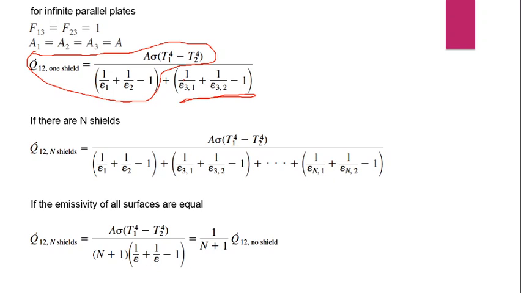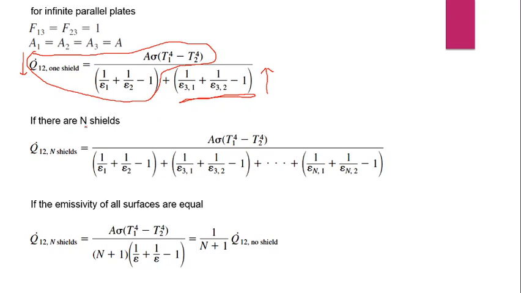Something is being added in the denominator. If you add something in the denominator, what will happen? Q will decrease, right? Because here the denominator is increasing. So it is obvious from the formula that heat transfer between 1 and 2 decreases if you add more shields, right? Right now we had only one shield.